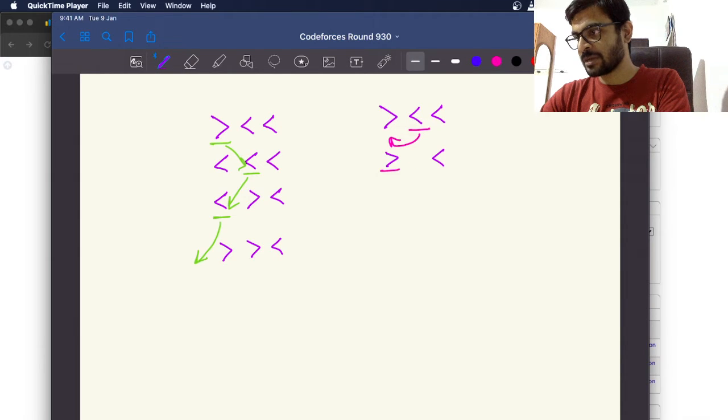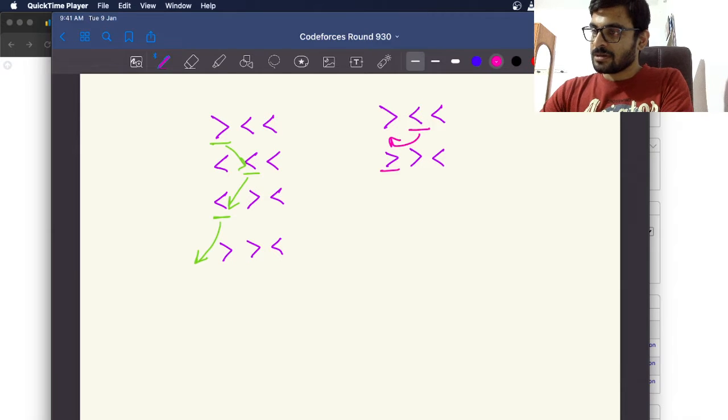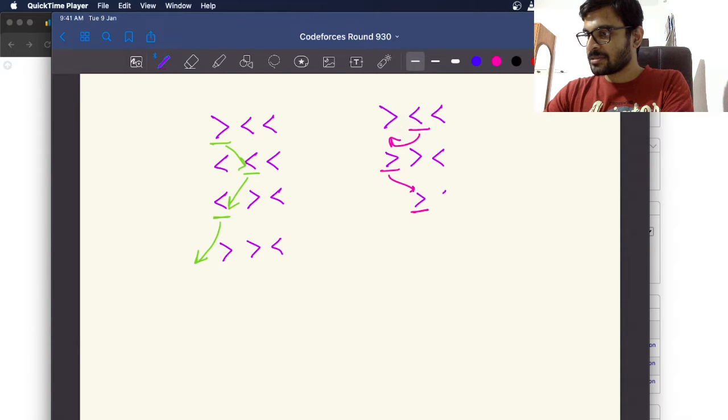Sorry, it was left, so it becomes right. Next, it moves to the right, so it will move here. It moves over here, and then this basically remains this. That one gets changed. Next, it moves to the right, so it becomes left, left, left.